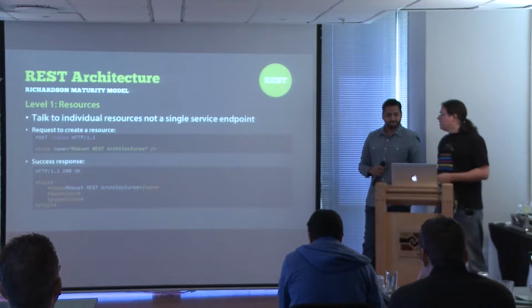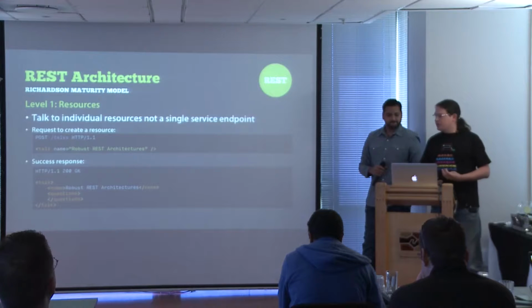So to then get a bit more RESTful, you can start talking to individual resources. If you look at the previous slide, we've got kind of one endpoint there, and that will have maybe multiple different things that you can do. So you could send different messages to that endpoint, and it will do a different thing.